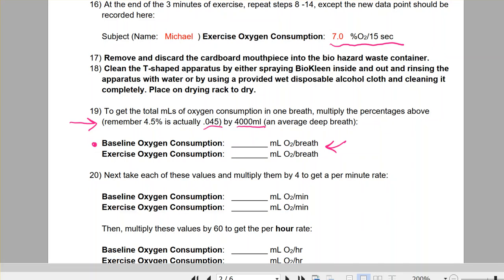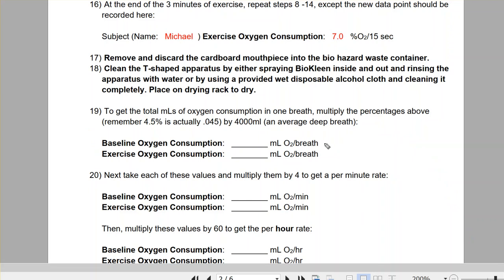So we're going to have a baseline and an exercise milliliters of oxygen per breath. I'll do one: 5.0, remember, 0.05 times 4,000 milliliters equals. You'll do that calculation for those two.